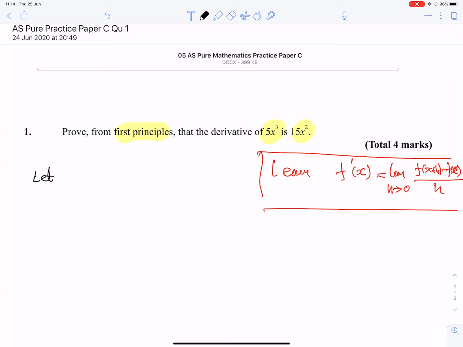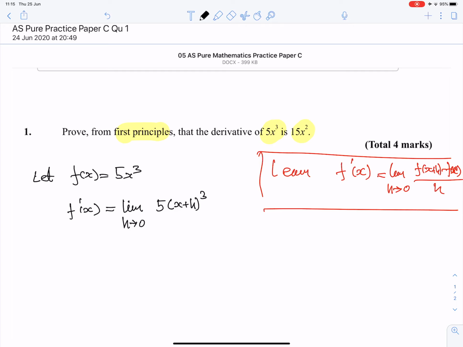Let f of x equal 5x cubed. So f dash of x is equal to the limit as h tends to 0 of f of x plus h, so that's 5 lots of x plus h cubed.